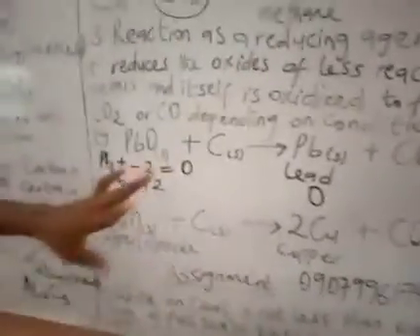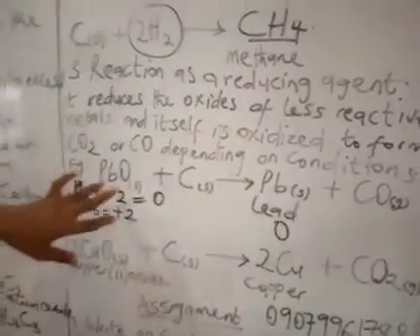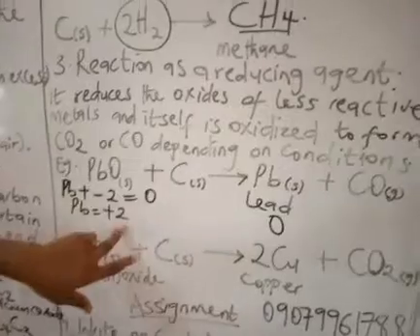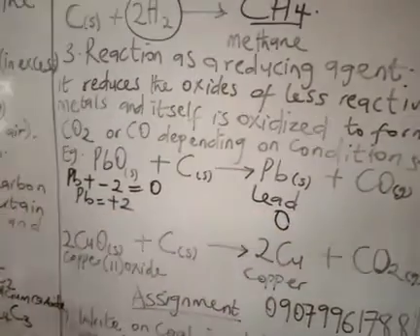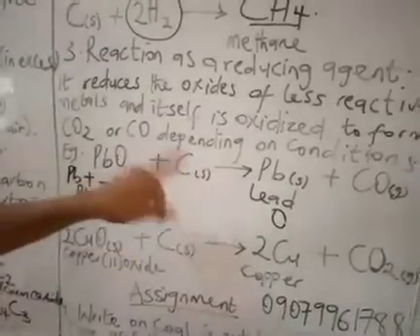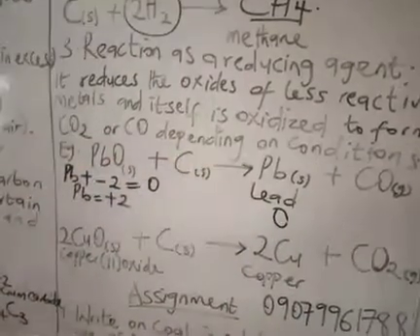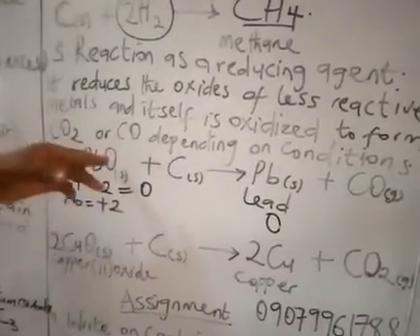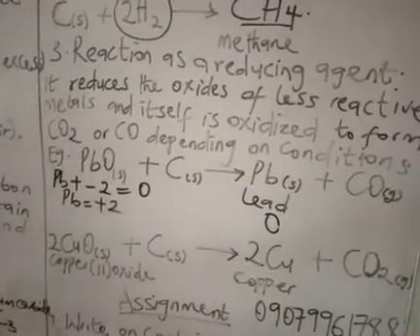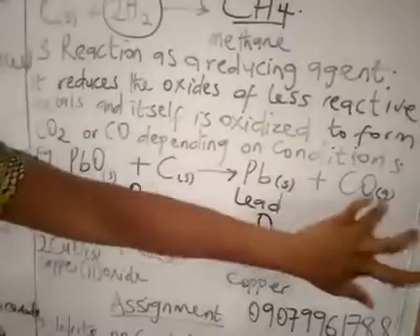So from this particular reaction, lead 2 oxide that had an oxidation state of 2 has been reduced to 0 because of the reaction it had with carbon. Hence, carbon is a strong reducing agent. But in the process, it took over the oxygen from the lead 2 oxide to form carbon 2 oxide.